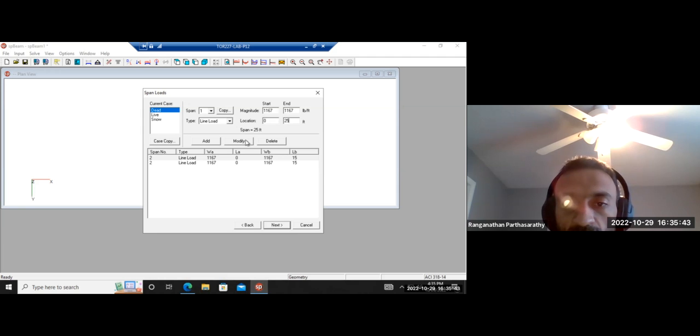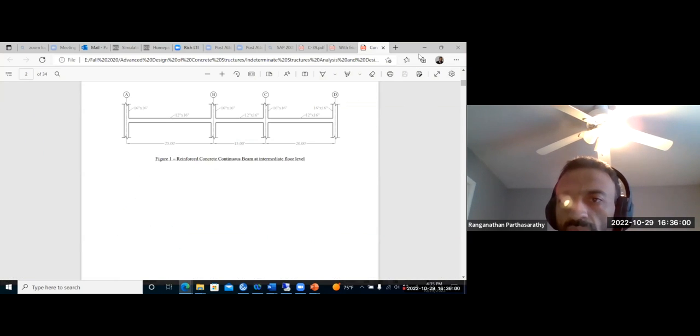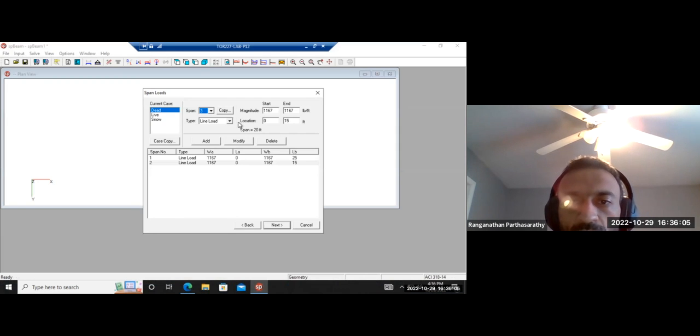Okay, all of span 1, all of span 2. Now span 3. Span 3 is 20 feet. Okay. Span 3, the entire length of span 3. Okay, looks okay.